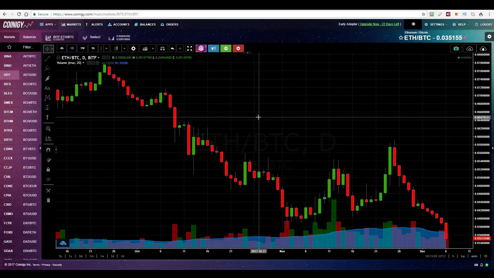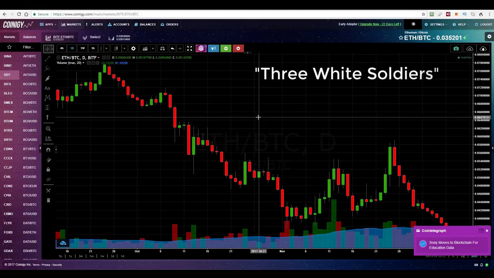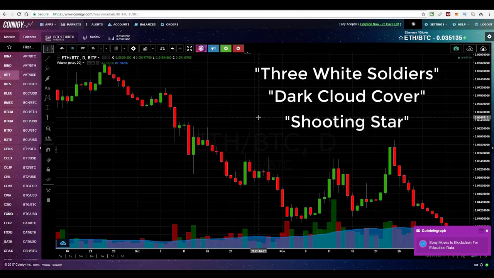Groups of candles often form specific and meaningful patterns, and all these patterns have funny names to help us remember what they are. Things like three white soldiers, dark cloud cover, shooting star pattern, and so on. There's dozens and dozens of them.